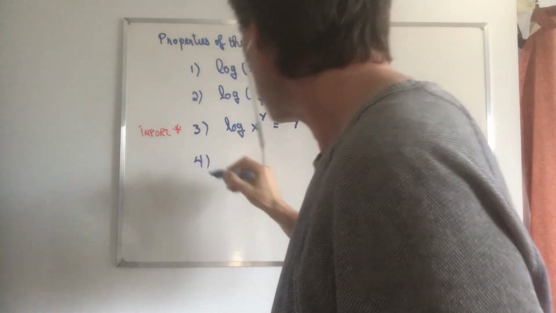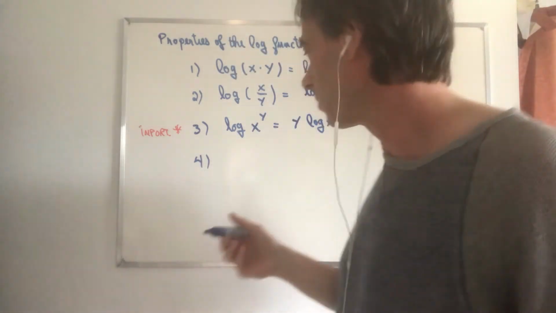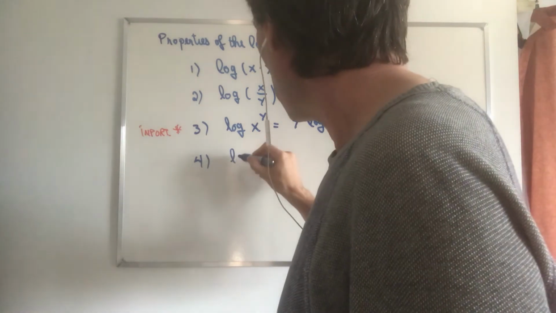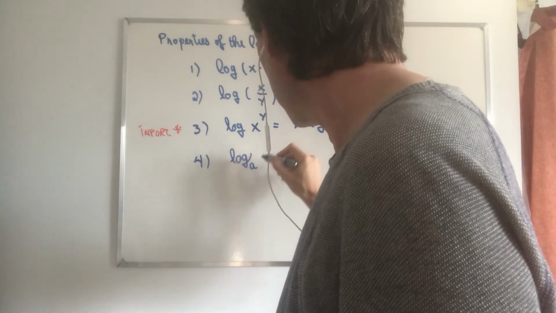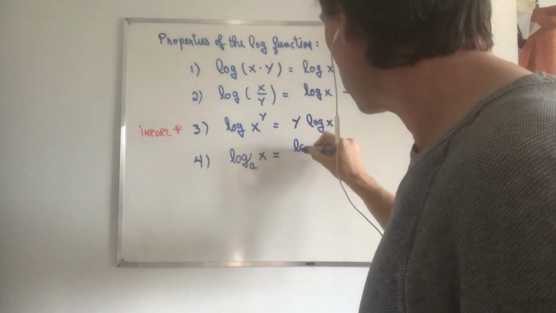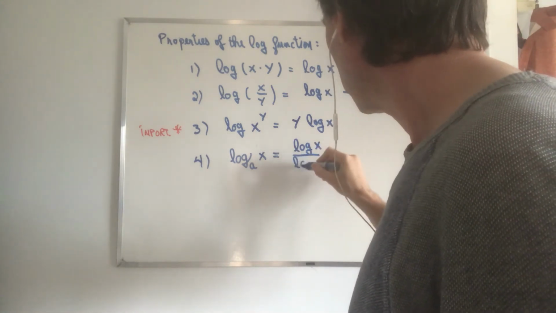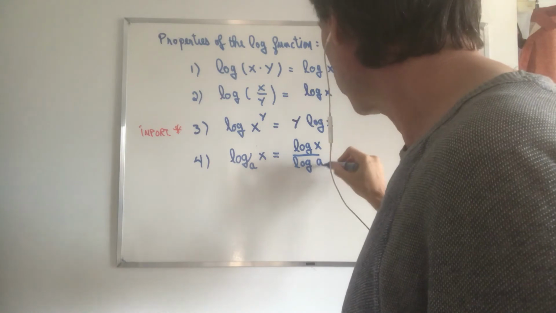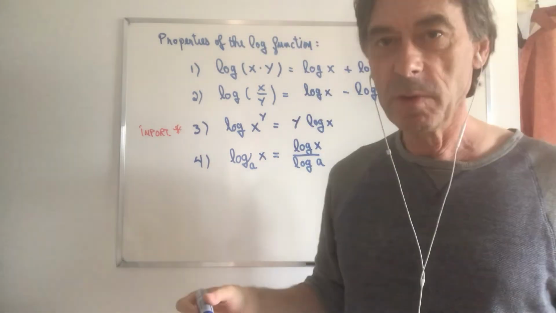And then there's another one, which is more computational, like a calculator sort of thing. The log base a of x is equal to the log of x over the log of a. And now, because I've left all of these logs without a base, I know some of you remember, right?